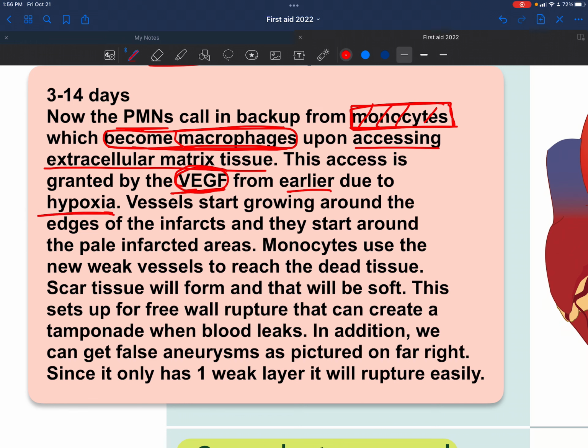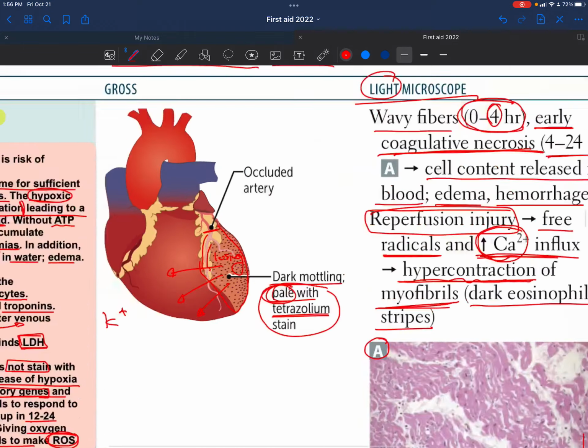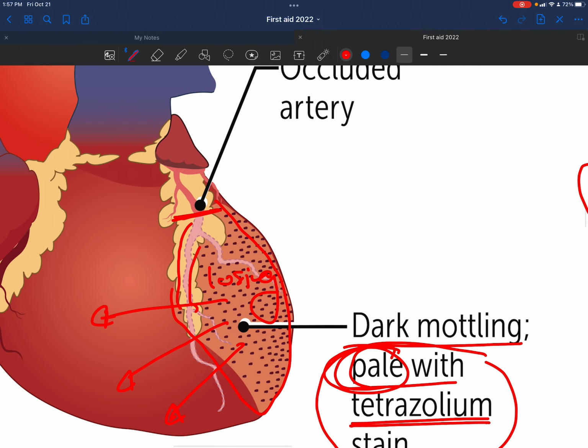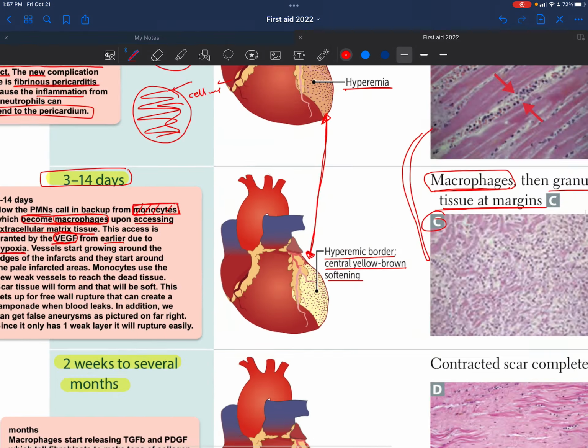All of that happens due to hypoxia, because now we're under hypoxic conditions. Now the heart muscle is infarcted, which means it doesn't get the blood it needs, because as we said here, we have an obstruction. So this has blood, but all of this doesn't have blood anymore.